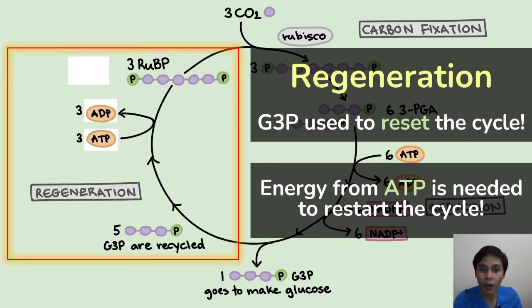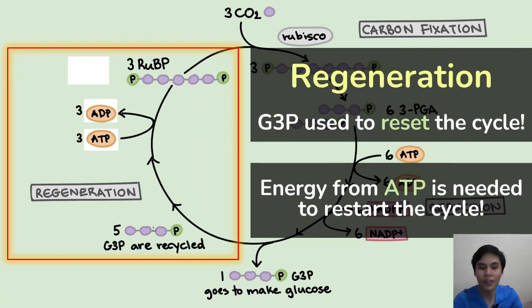We need your RuBP back. Your RuBP, your 5-carbon molecule called ribulose 1,5-bisphosphate, is regenerated from 5 G3P molecules. And you can see the logic of it if you count the number of carbon atoms. There's 3 carbon atoms in G3P. If you have 5 of them, 5 times 3 is 15.